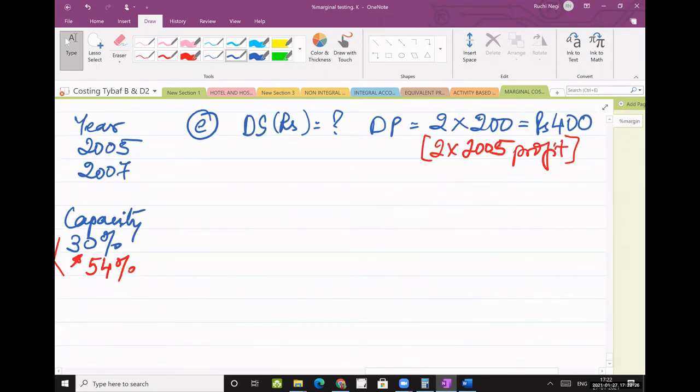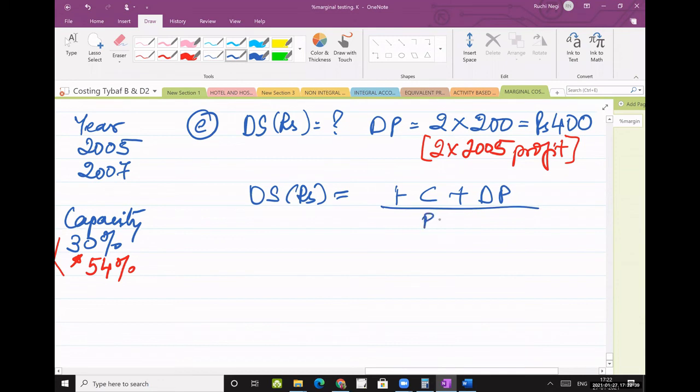ठीक है, apply the formula. Desired sales in rupees is equal to fixed cost plus desired profit upon PV ratio.